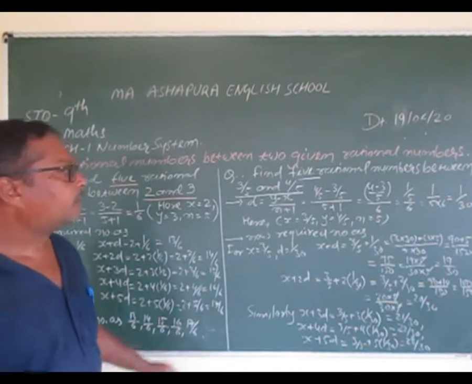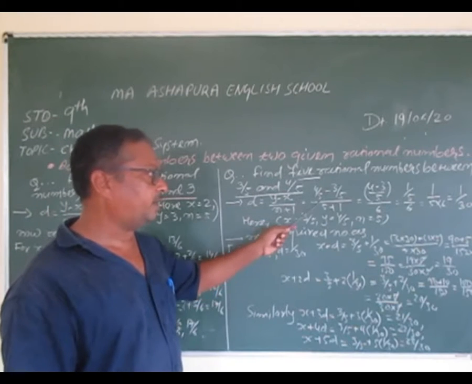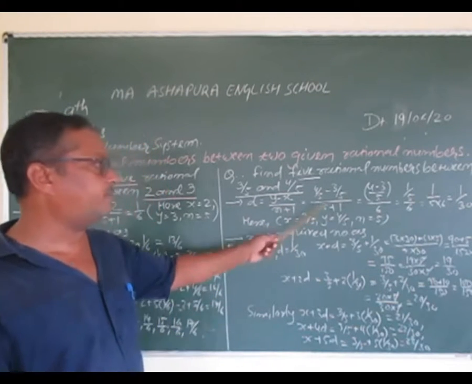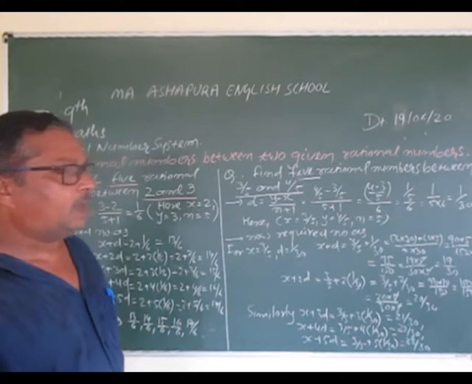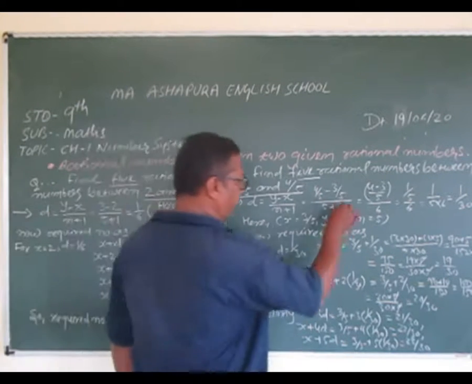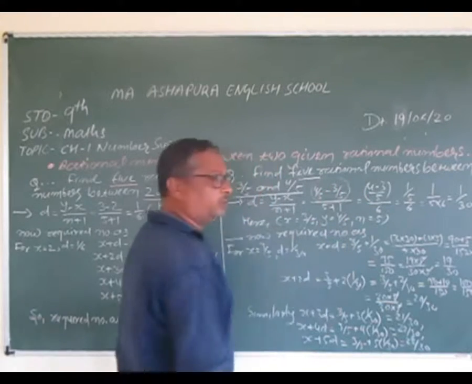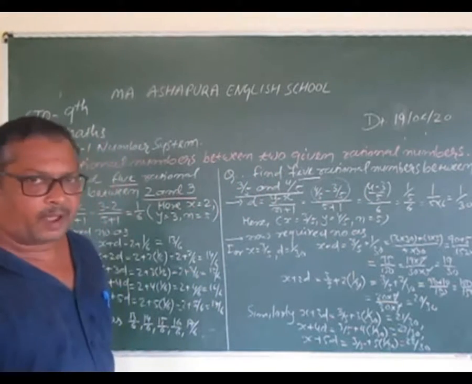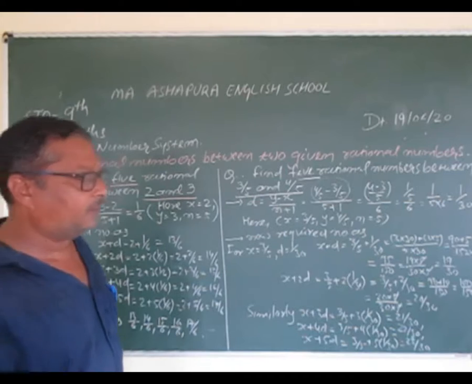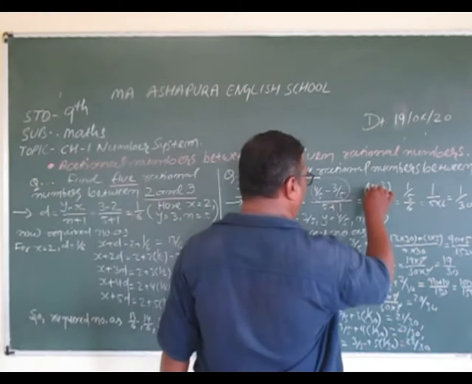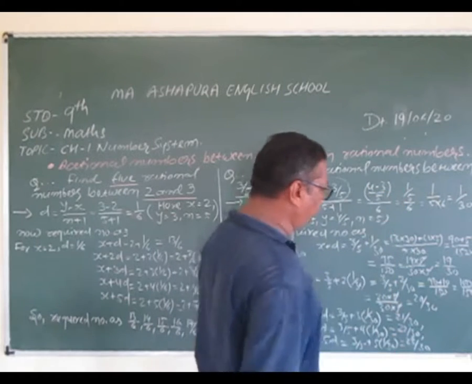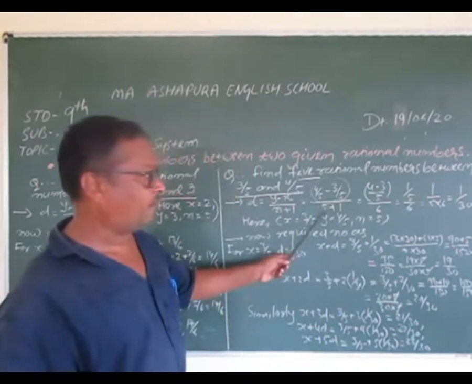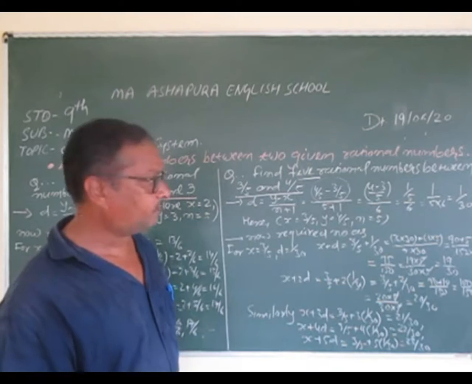Substitute the values. D is equal to (4 by 5 minus 3 by 5) divided by (5 plus 1), where n is equal to 5. Here in the numerator, both fractions have the same denominator 5. Therefore our simplification is (4 minus 3) in the numerator divided by 5 as the denominator, divided by 5 plus 1, which is 6.